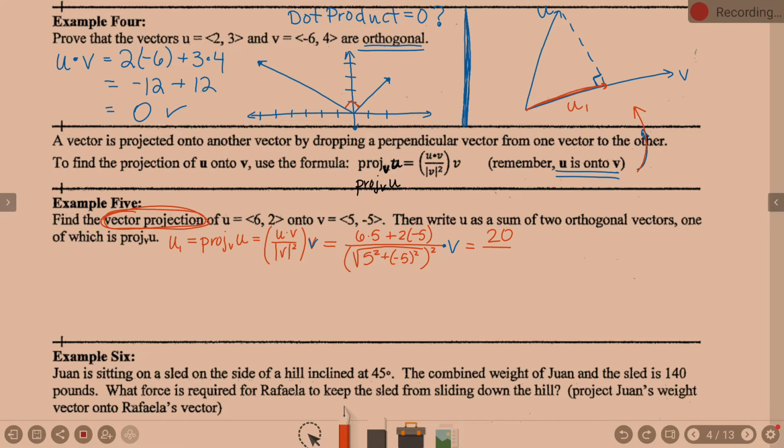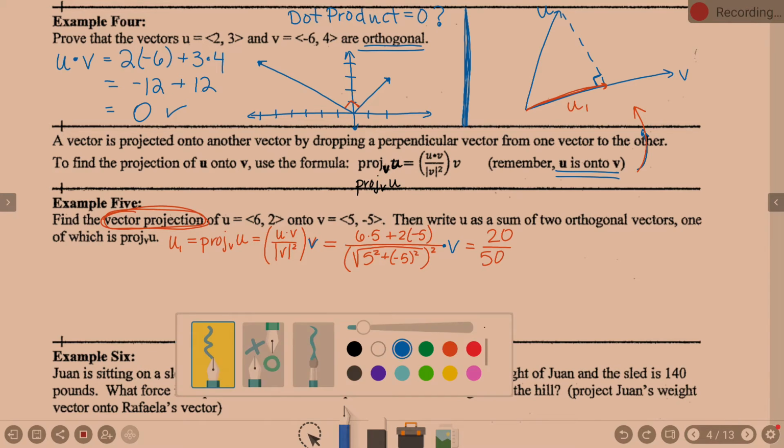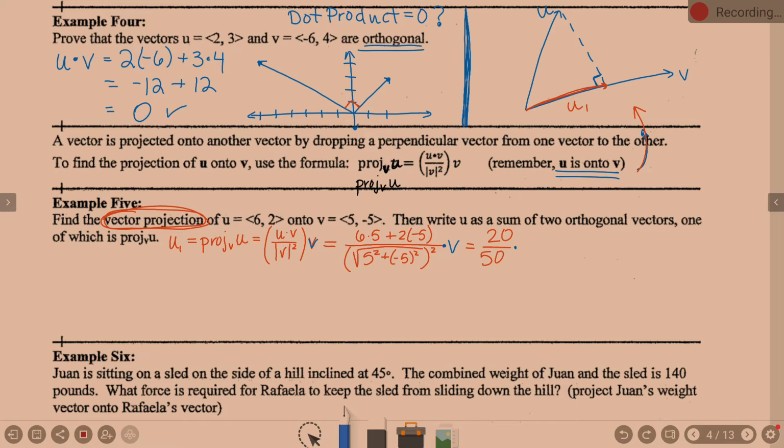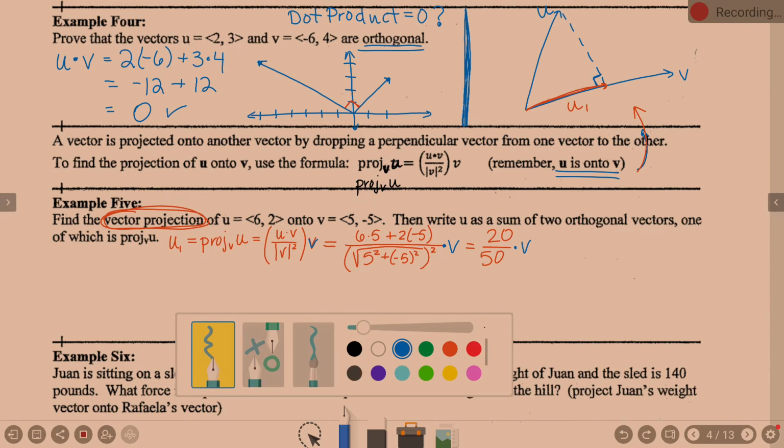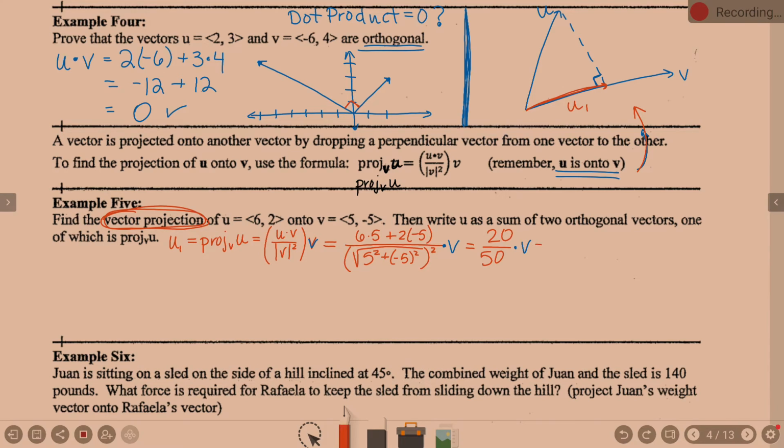The square root of 50 squared is 50. So we have 20 over 50 times vector v. What do you know about 20 over 50? It's equal to 2/5.